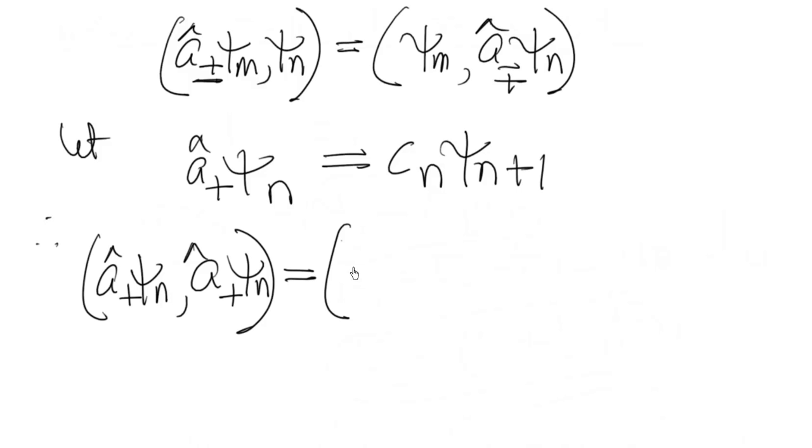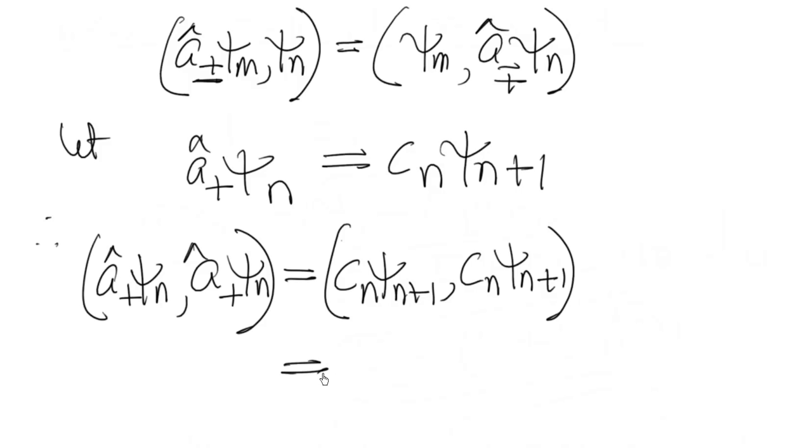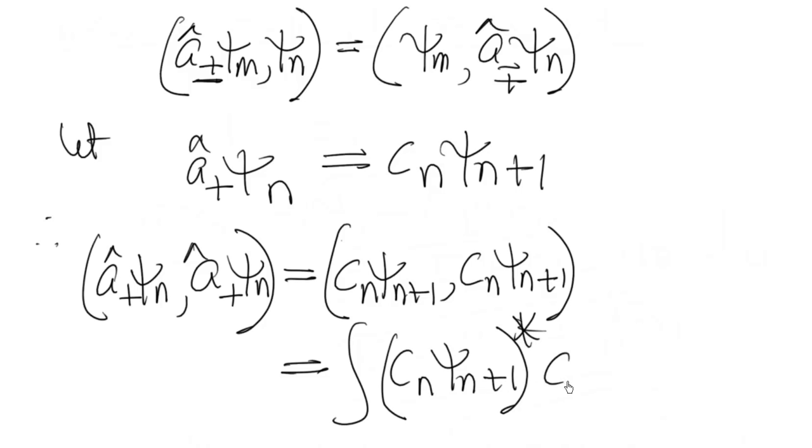A plus psi n, so you can write here cn psi n plus 1 and cn psi n plus 1. But this is the inner product, so we can write it like this.